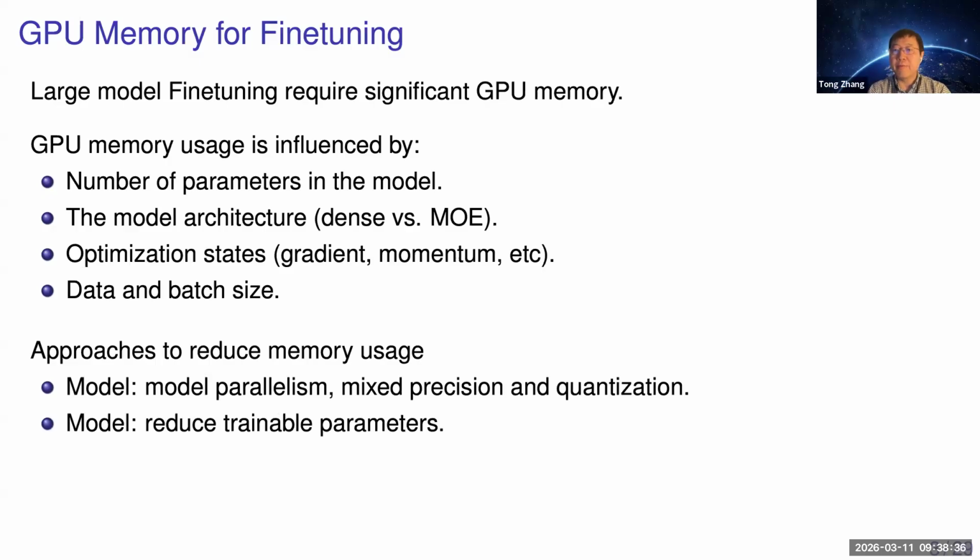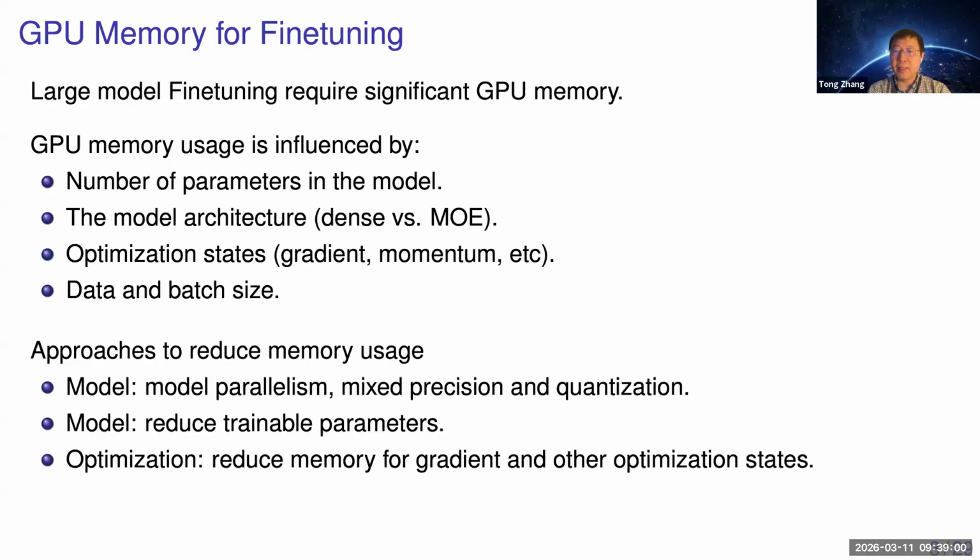Then you can also reduce the trainable parameters. So this is LoRA, an adapter idea. Many adapters have been proposed, but LoRA is the one that survives most, so we will talk about the adapter in particular.